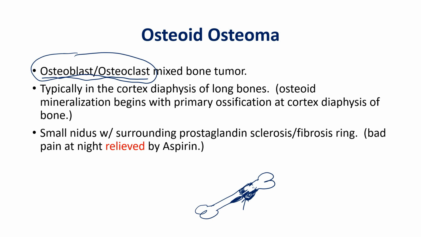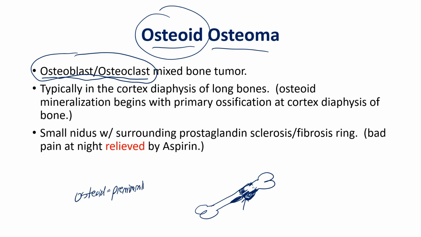How do you remember that? Because if you look at the title, osteoid osteoma, what is osteoid? Remember that osteoid is that kind of pre-mineralized or pre-calcified, you can say either way, pre-mineralized bone. And if you remember back to primary ossification, which is involved kind of in the building of bone, the primary ossification is the first parts.